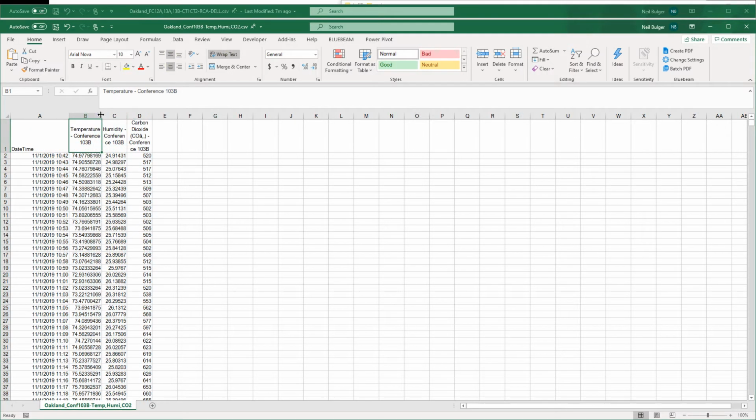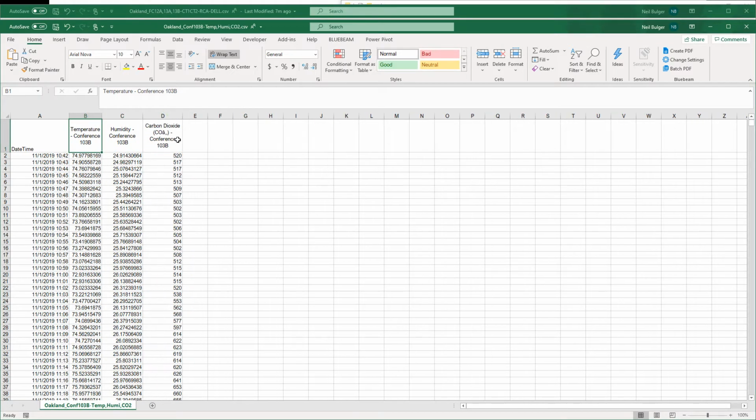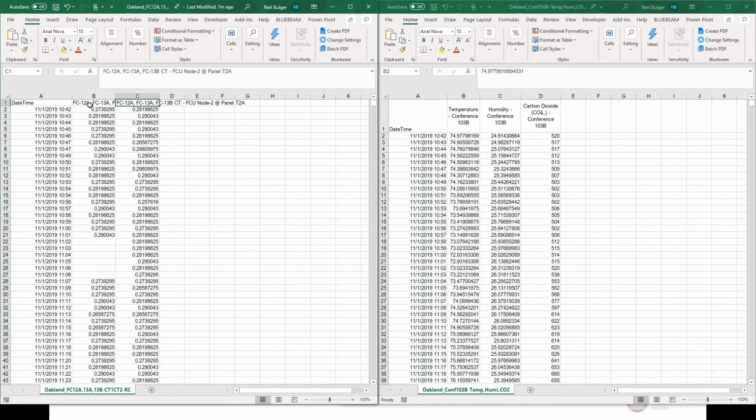Another thing we often need to do, or other questions we may ask, would be questions about if we know that the sensors and readings in a building were during the same time and have some relevance to their locations. An example I'll give is, let's assume that these temperature and humidity sensors were in the same room as this fan coil.